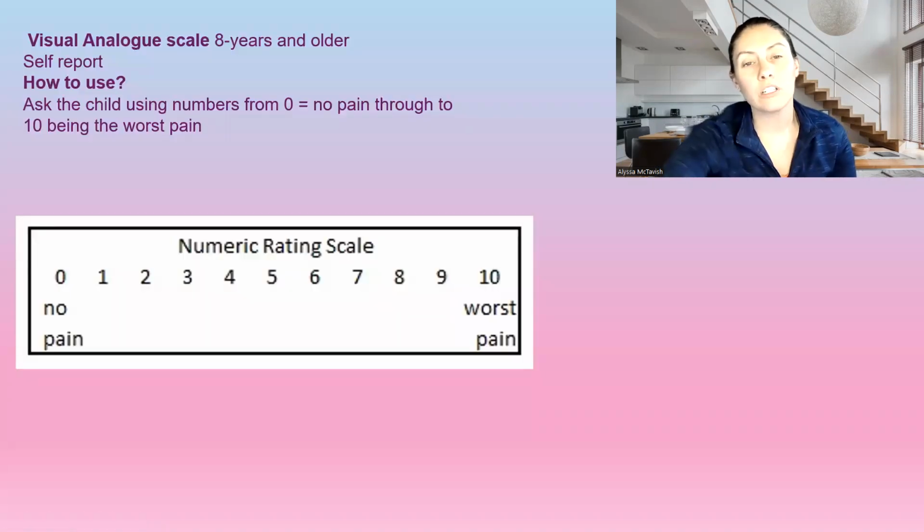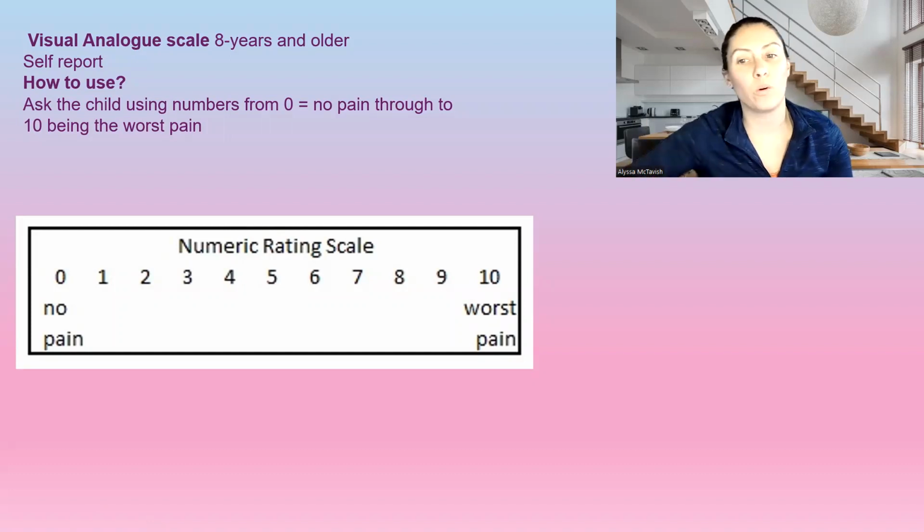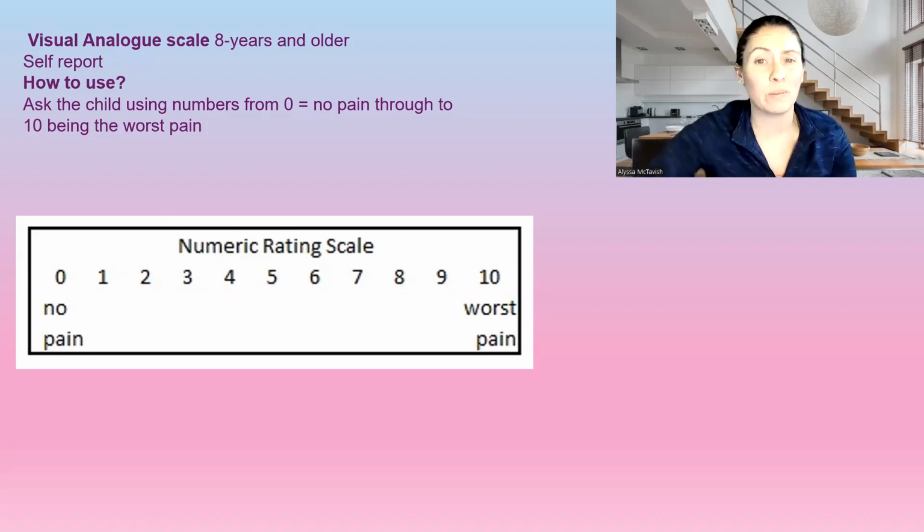Now, normally starting at the age of 8, you can use self-reported, just the numeric rating scale of 0 to 10. So 0 being no pain, 10 being the worst pain that they've ever felt. And like I said, we can start this at 8 years of age. And then they just give you a number of where they're feeling at.